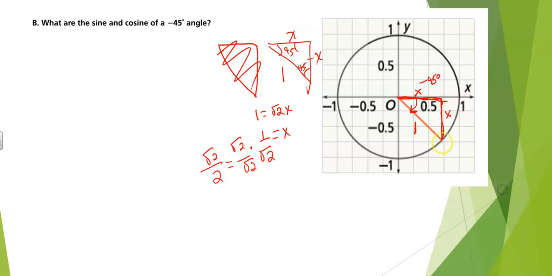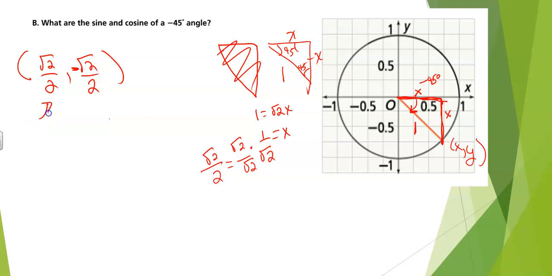Now, since the coordinate here for the x and the y value, see, this x is actually the same thing as y, right? So I would write square root of 2 over 2, square root of 2 over 2. Which one's positive? x is positive, but the y is negative. So they're the same absolute value.